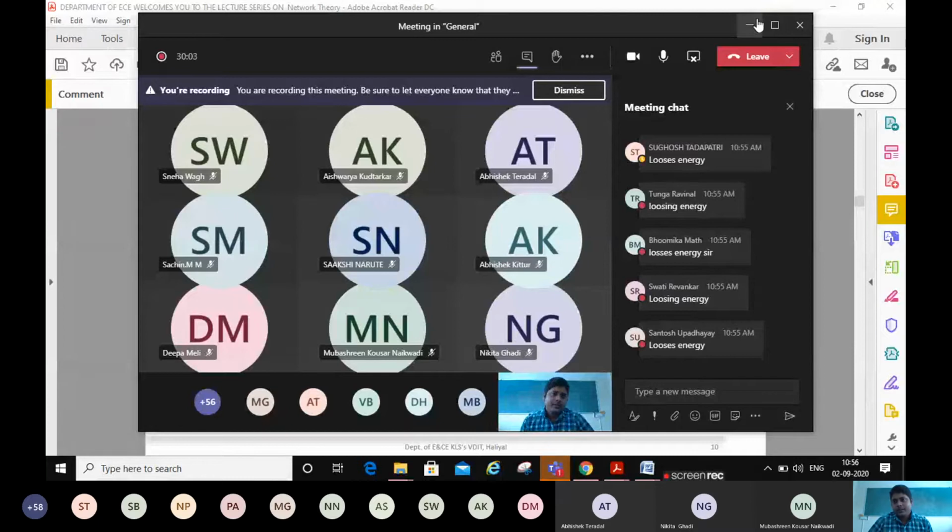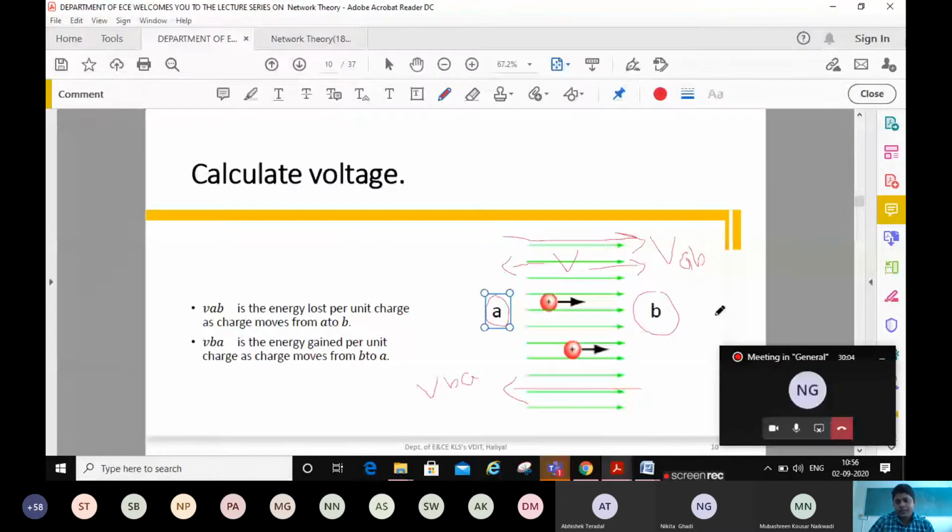It is very much similar to traveling in the opposite direction of the wind. So you are actually gaining energy, means you have enough energy. If you are traveling along the same direction of wind, then your energy is very much less. It is just like a swimming concept. If you are able to swim against the flow of water, you are gaining more energy as you move along, right?